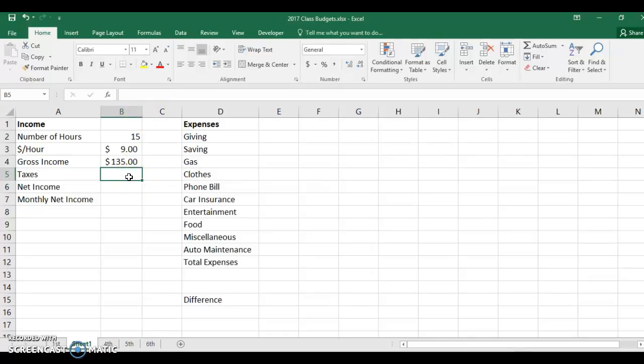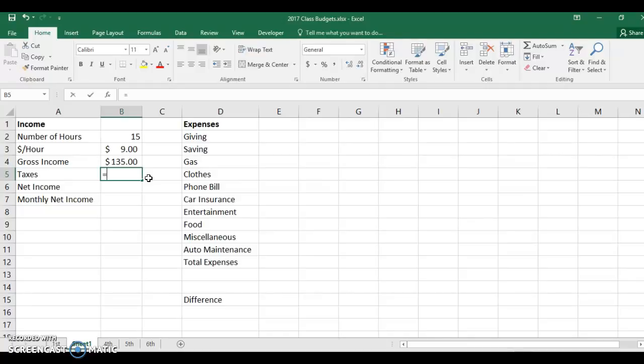All right, so when you get paid, the government gets paid as well, through taxes. And so we're going to put in a formula here that's going to approximately tell you how much you'll have to pay in taxes. We're going to assume that you are being taxed 20%.